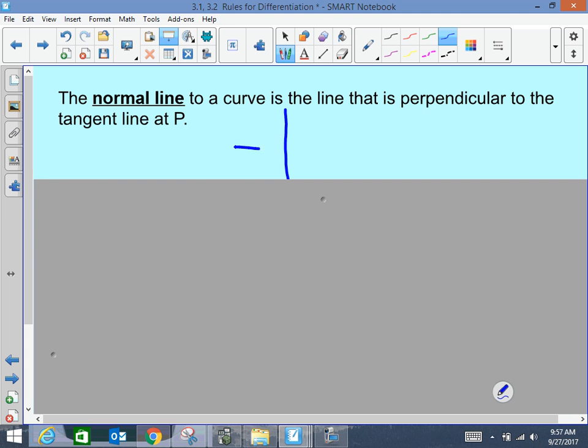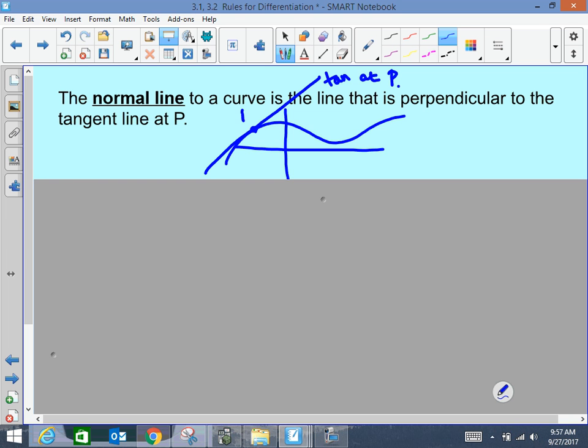So let's draw a curve. Let's say this is our curve. Let's say we have P right here. And draw yourself a tangent line at P. So this is tangent.